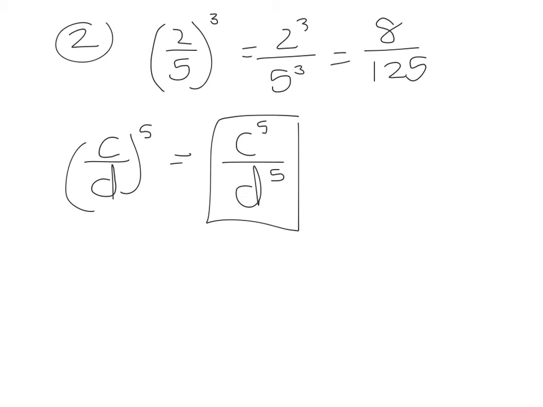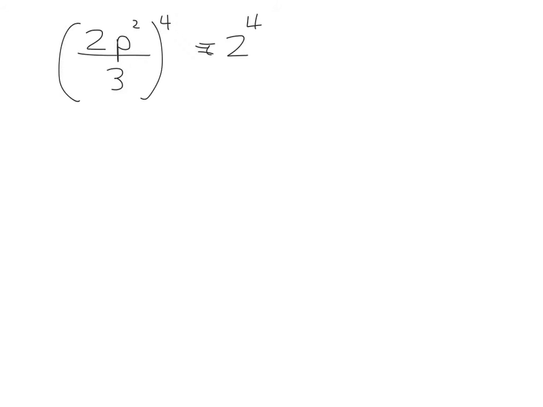I'm going to give you two more examples of that. So if I have 2p squared over 3, and all of that is inside parentheses, and all of it's being put to the fourth power. Then I now have 2 to the fourth power over 3 to the fourth power.